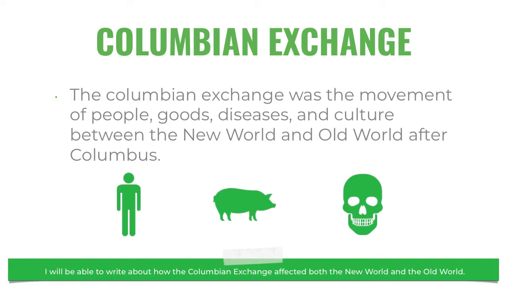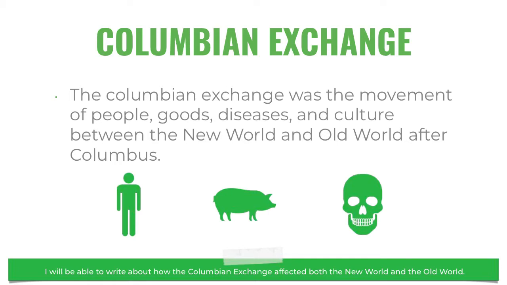So the Columbian Exchange is named after Christopher Columbus. Once people in Europe know about the Americas and they start exploring it, as we've talked about and as you've looked at with the explorer you did your presentation on in lesson 3, there starts to be a movement of certain goods between the New World and the Old World.